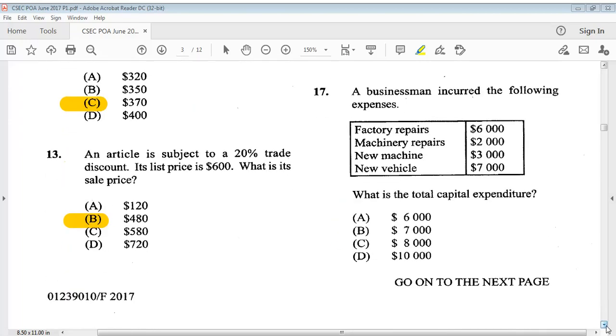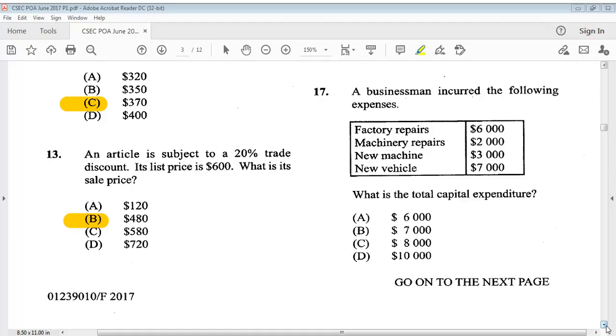Let's go to 17. A businessman incurred the following expenses: factory repairs $6,000, machine repairs $2,000, new machinery $3,000, new vehicle $7,000. What is the total capital expenditure? This question has been another one that has been repeated. Always ask yourself, what is capital expenditure?